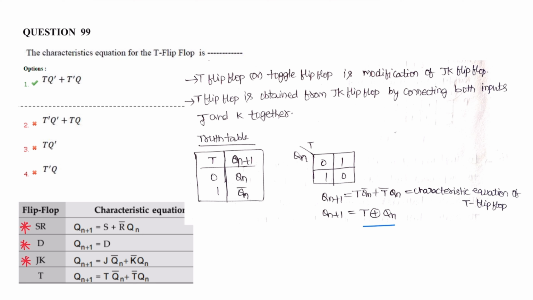For T flip-flop, J is equal to K, so it is T Qn bar plus T bar Qn, written as T XOR Qn. These are the characteristic equations for different flip-flops. So for the T flip-flop, the characteristic equation is T Q bar plus T bar Q.